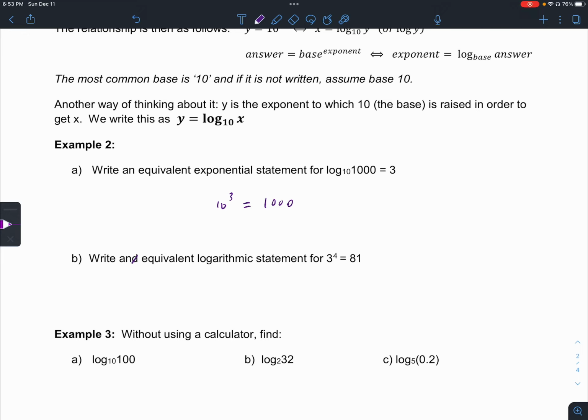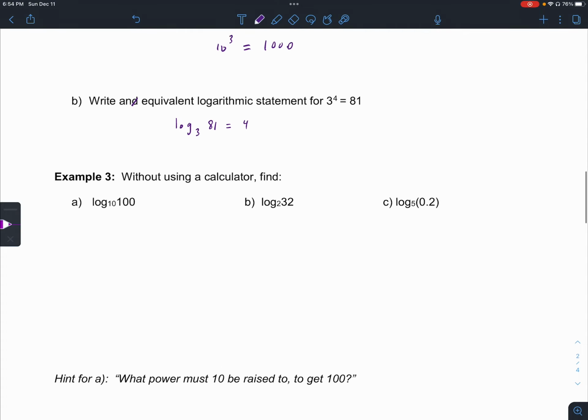Okay, so take a moment to try this out and see if you can write the logarithmic statement. All right, so how this is going to look is log to the base 3 of 81 is equal to the exponent 4. Okay, so log to the base 3 of 81 is equal to 4. So another way to think about this is 3 to the exponent of what gives you 81? And that would be 4.